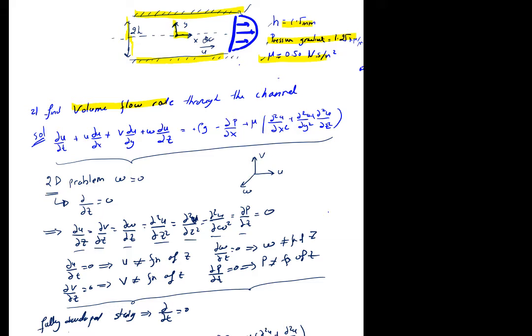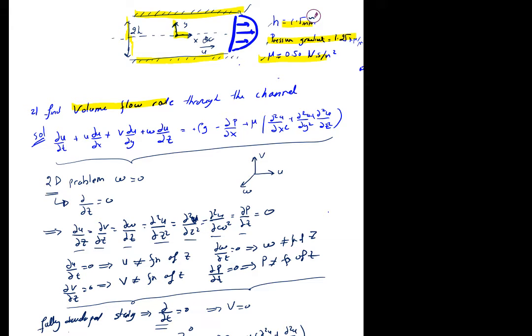Here we know that du by dt is 0 because d by dt is 0. We also know that we only have a velocity in the u direction. This implies v equals 0. Therefore, v times anything is going to give me 0.